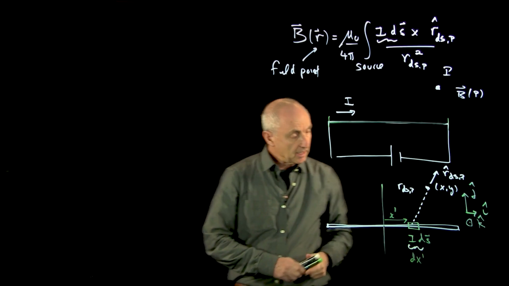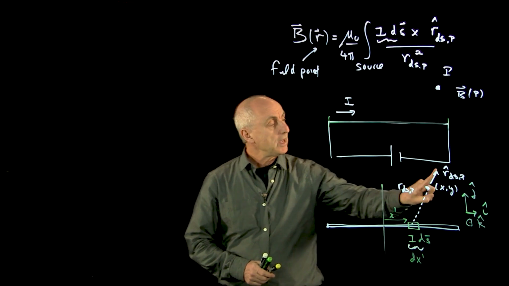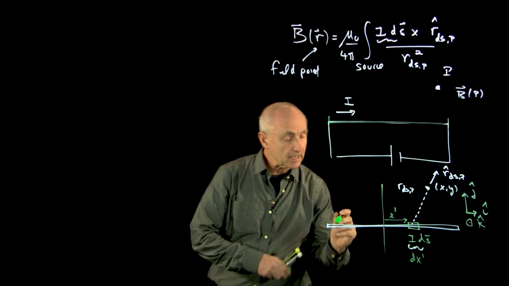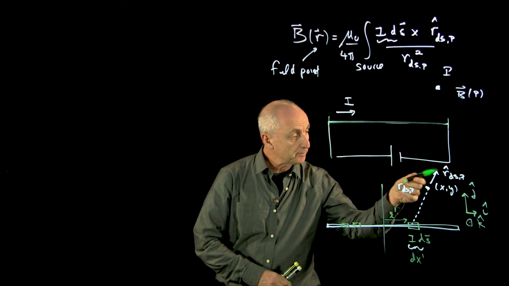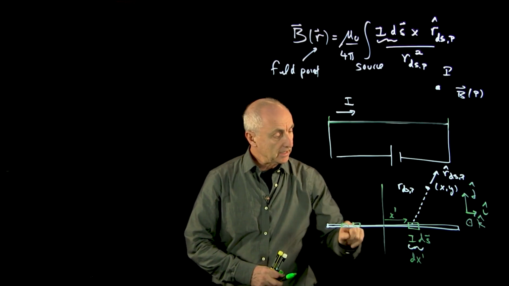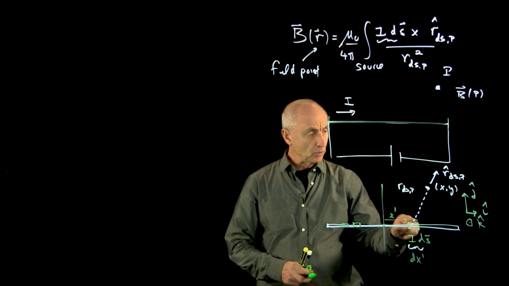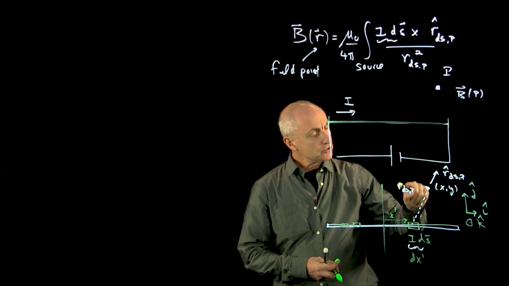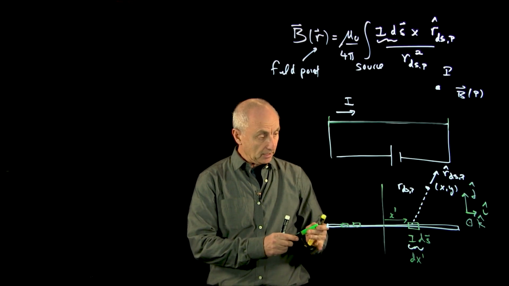Now, there's still one thing to keep in mind, that we have a unit vector here, and when we do the integral, we're going to be adding up a lot of pieces, and you can see both the direction and the distance to the field point will depend on which source element we are. And in order to express these two quantities in our coordinate system, we can do the following thing.